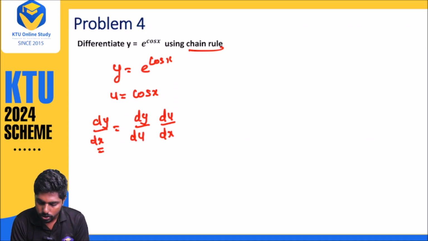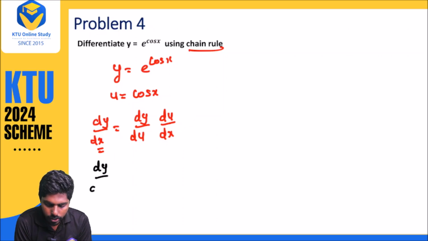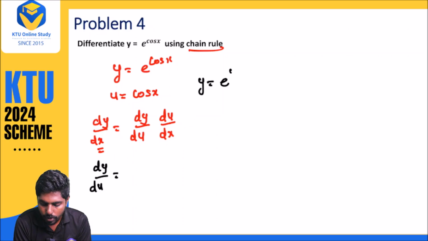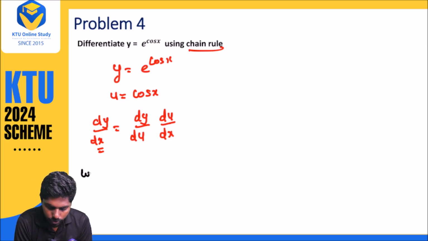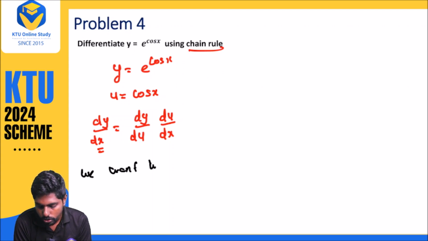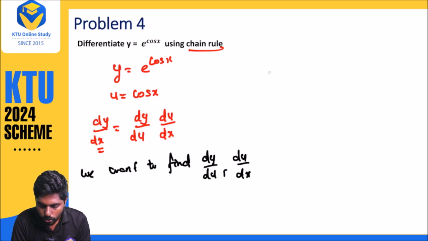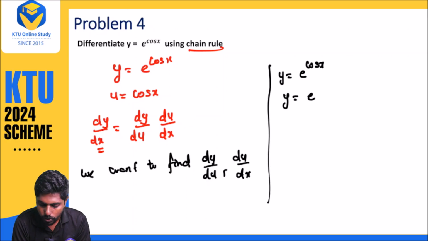So the next step: you know what u is, so just identify dy by du. What is dy by du? y is equal to e power u. So e power u, when you are differentiating, we want to find dy by du and du by dx. Here u is equal to cos x, so y is equal to e power u.